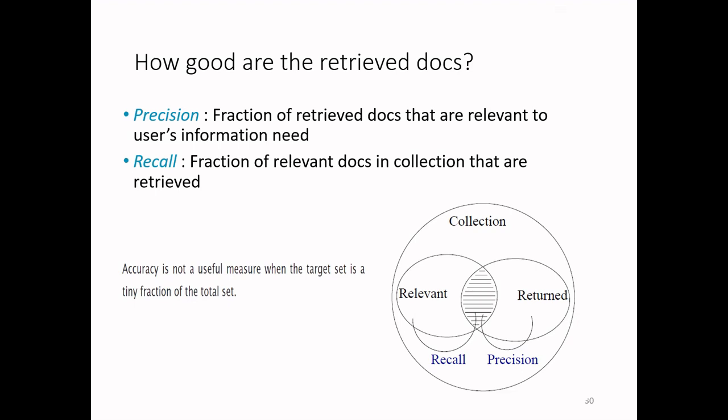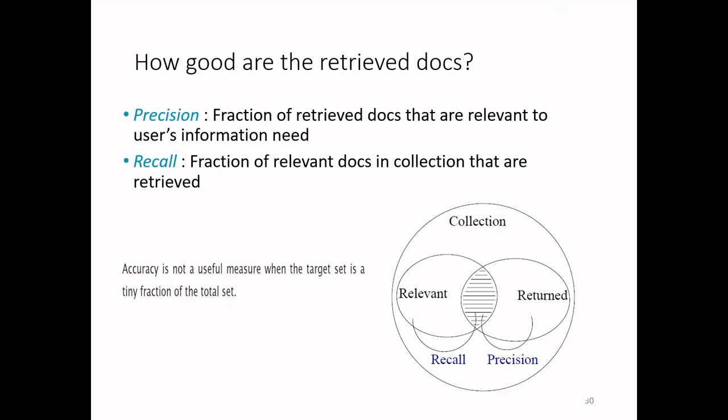That means your system retrieved only 8 out of so many relevant documents. So that becomes the recall, that it was able to recall only X percentage of documents from the system.